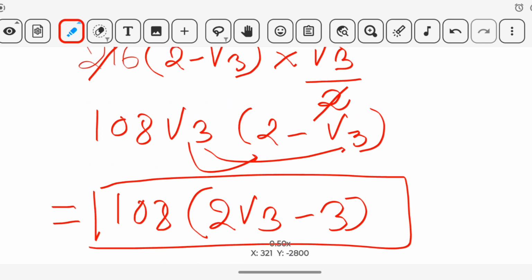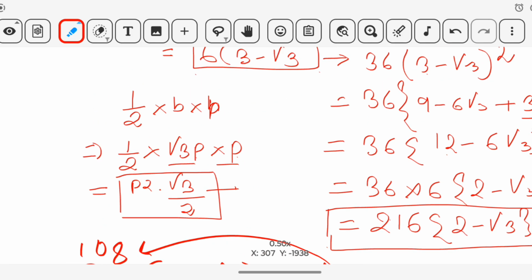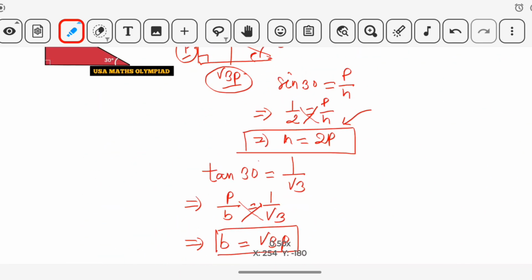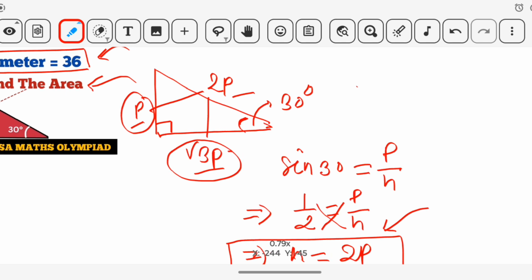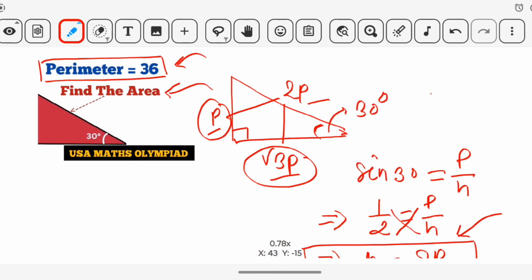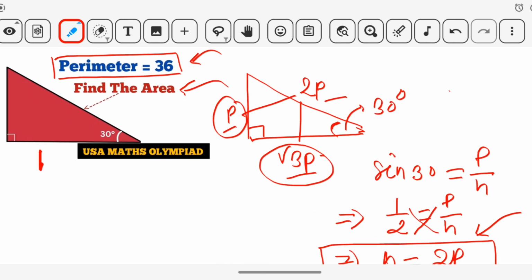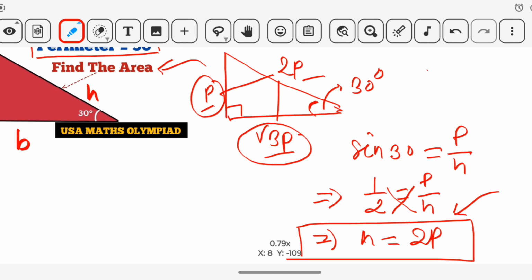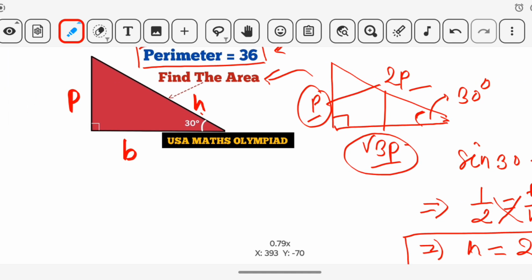So let me revise properly so that you can easily grasp it. First we used the trigonometric formula. We named the base B, the perpendicular P, and the hypotenuse H. Then we used the trigonometric formula sine 30 equals P by H, and got the hypotenuse is 2 times perpendicular, so we erase the hypotenuse and write 2p.